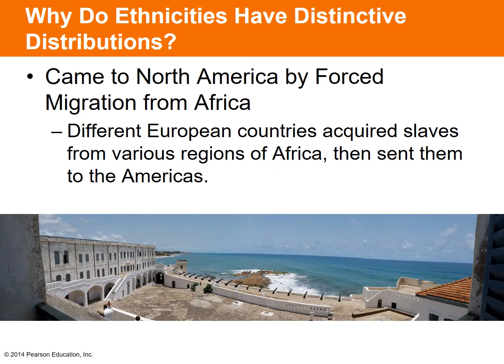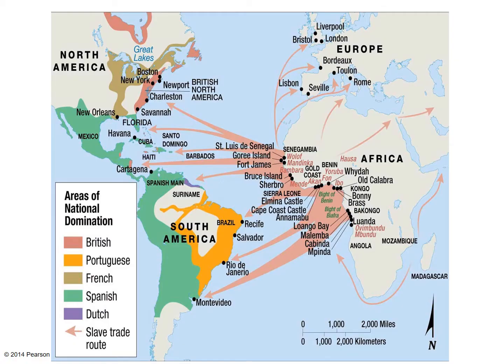If you have any questions about that, I'm more than happy to talk about it. But for the purposes of this class, here's what we need to know. European powers obtained slaves primarily from a narrow strip along the west coast of Africa, from Liberia to Angola.